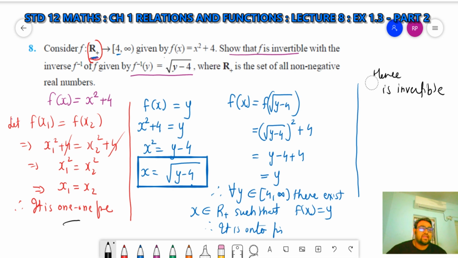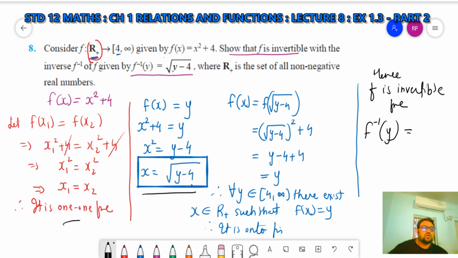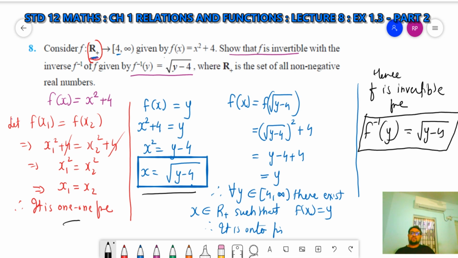Hence f is an invertible function and f inverse y, I will use this one, that will be equal to square root of y minus 4. So this is f inverse y. We had proved that. Clear? So this was about question number 8. Okay, so note it down.